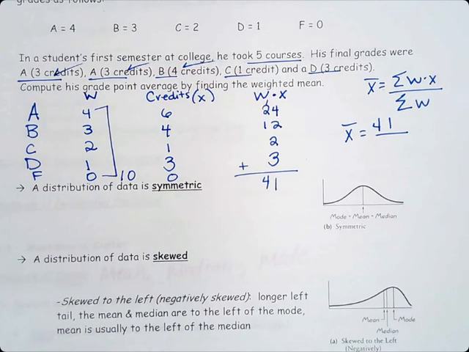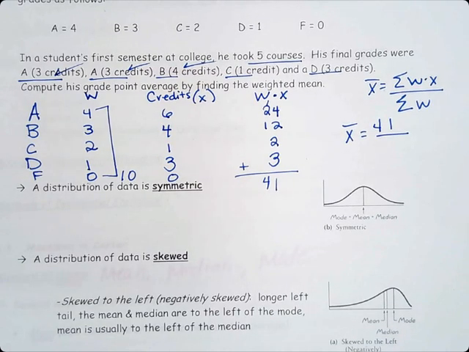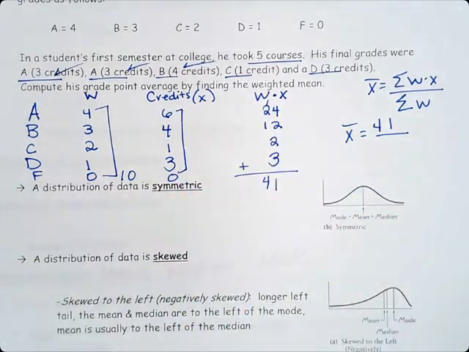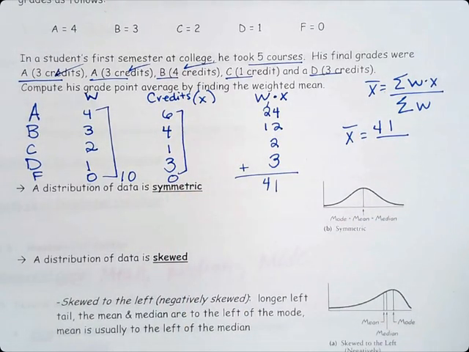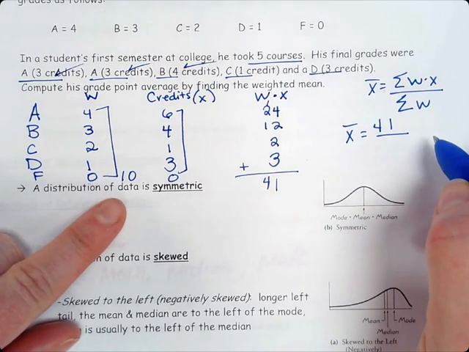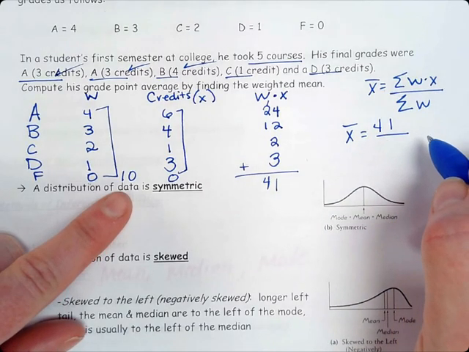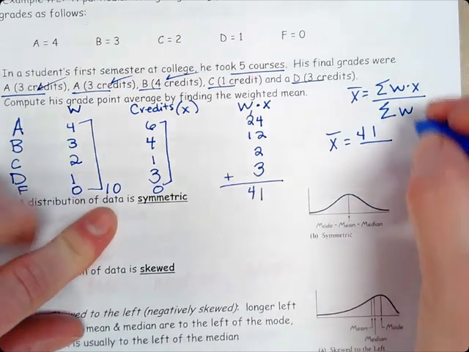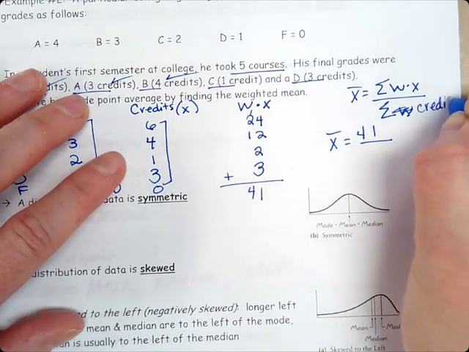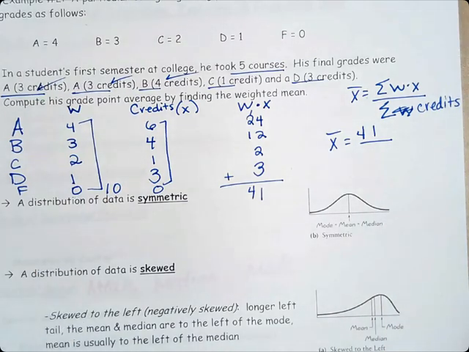Okay, so not 100% on that. Yeah. I think it should be divided by how many credits, because that wouldn't come out. That's dividing by 10, and that would give them a 4.0. That doesn't make sense. We need to divide by the number of credits, or frequency.